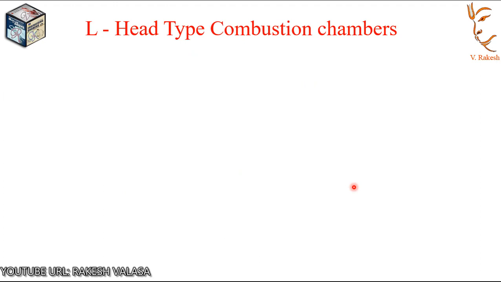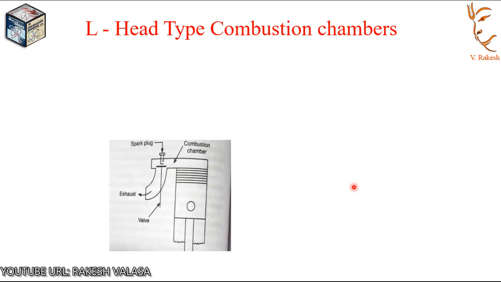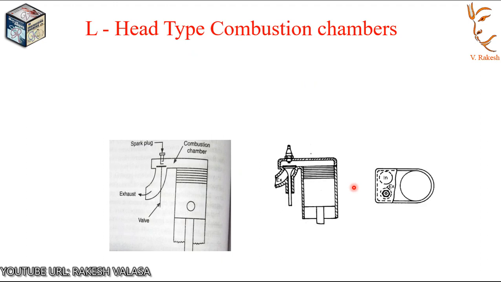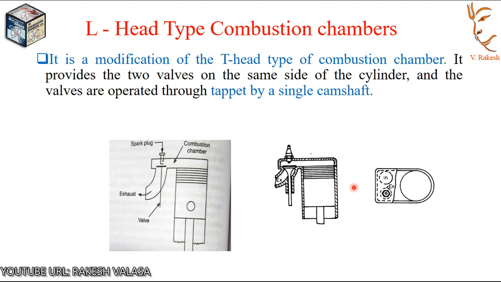Second type is L-head type combustion chambers. It is a modification of the T-head type combustion chamber. It provides the two valves on the same side of the cylinder, and the valves are operated through tappets by a single camshaft.